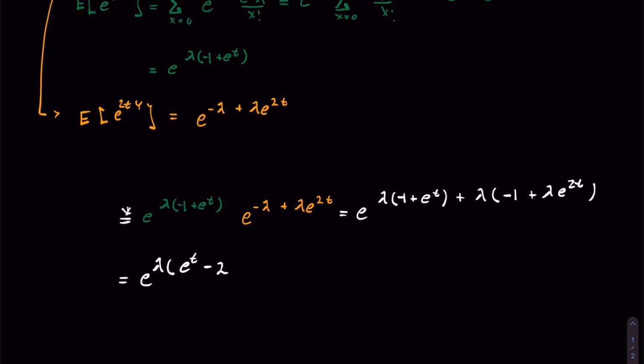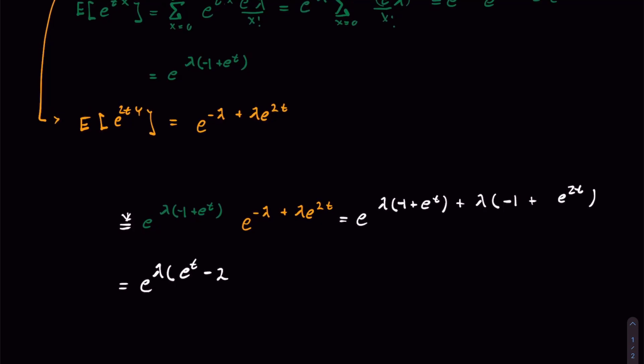Those 2s are coming from this minus and that minus. And then, well, look at this, this is another error. This lambda should be there. And we get the e to the 2t.